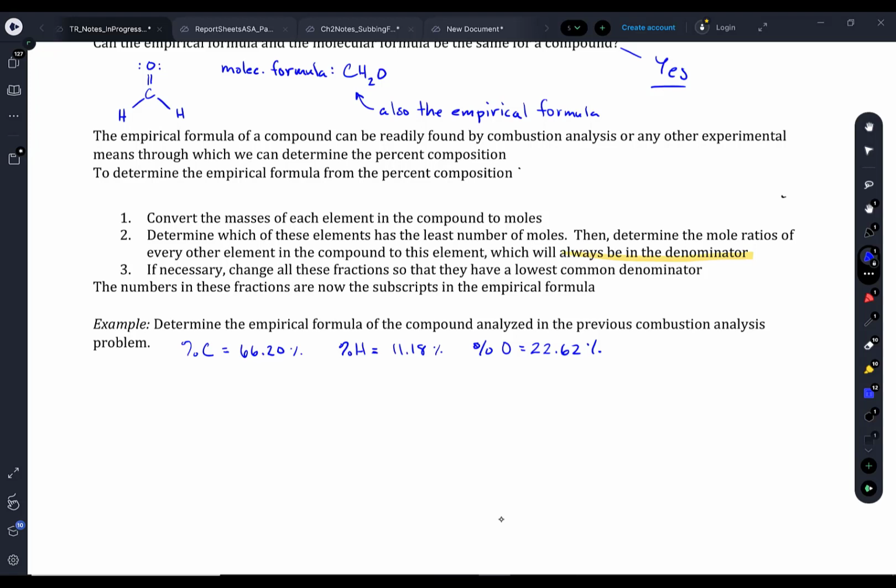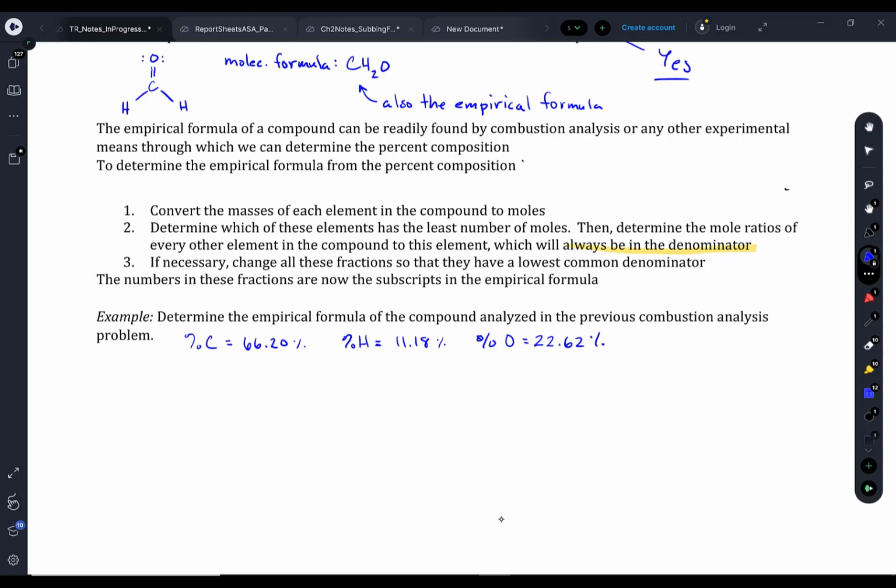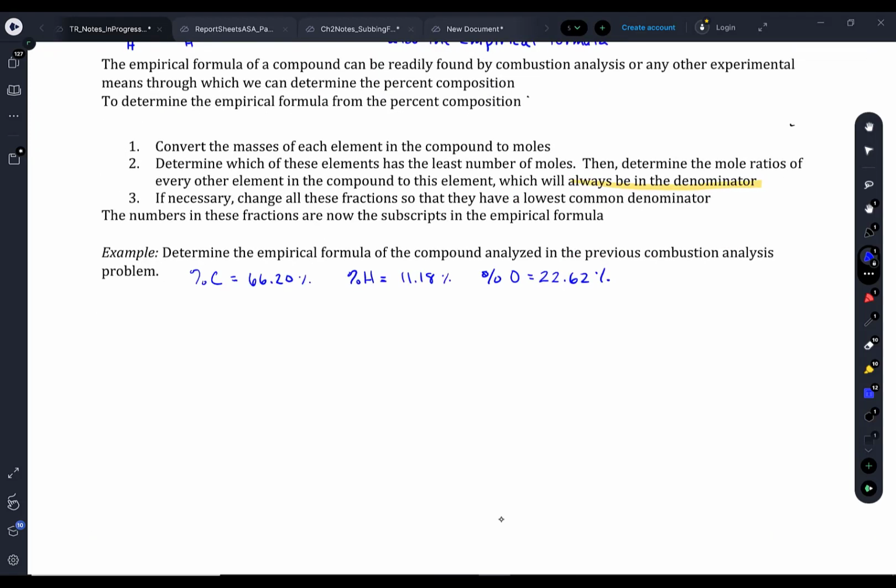What would be, if you're given the percent composition, always the easiest amount to pick? 100. 100, good. 100 grams. So I'm going to say, assume I have, you don't always have to write this, but I'm going to write it so you have it in the notes. So assume we have 100 grams of this compound.